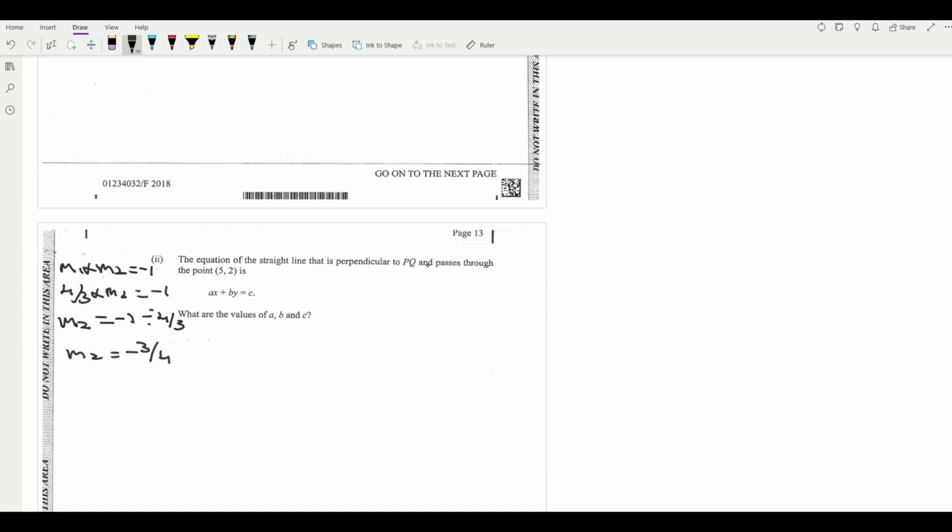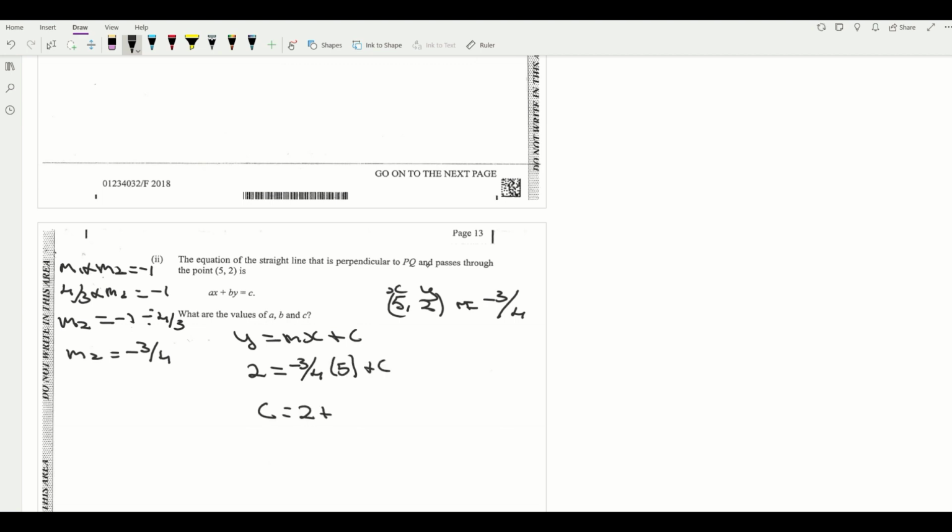Alright, and it's passing through this point, 5, 2. We are going to put y is equal to mx plus c first, and then you'll put it in the required form. We have x is 5, y is 2, and your gradient is equal to minus 3 over 4. So 2 is equal to minus 3 over 4 by 5 plus c.